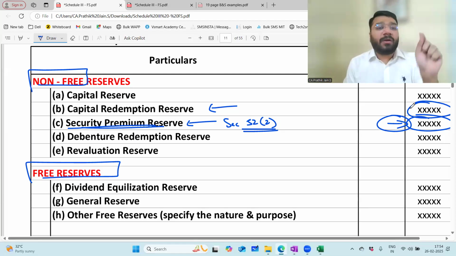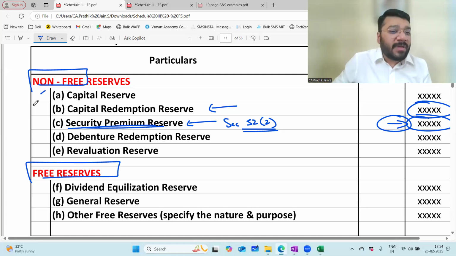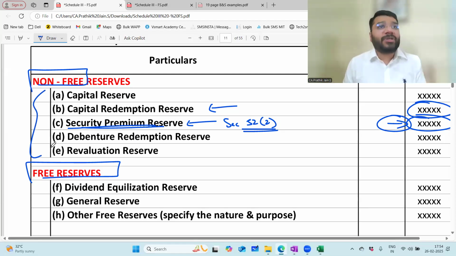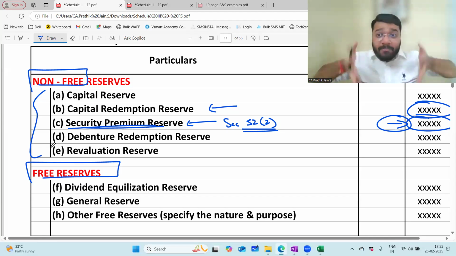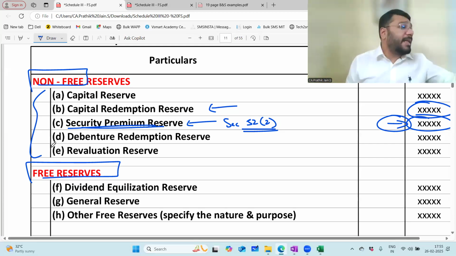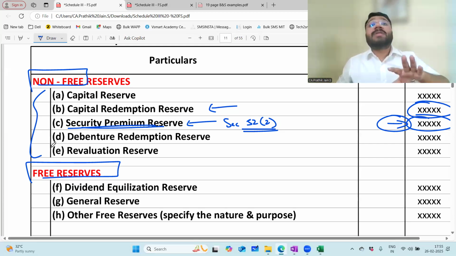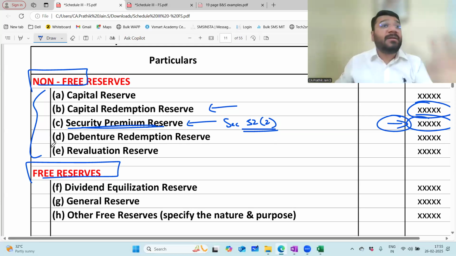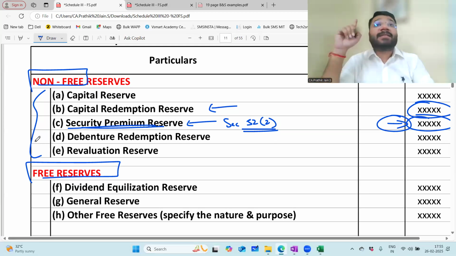So if anybody is still not clear with what these different types of reserves are, my humble request is go back. I've given the foundation classes to all of you. Please go and watch it. You will get complete clarity at that stage. What are we doing now? We are trying to learn the format of the financial statement. Each and every item is not possible to discuss in depth, especially those items which have already been discussed extensively at the CA foundation level. Guys, please understand what we are learning.